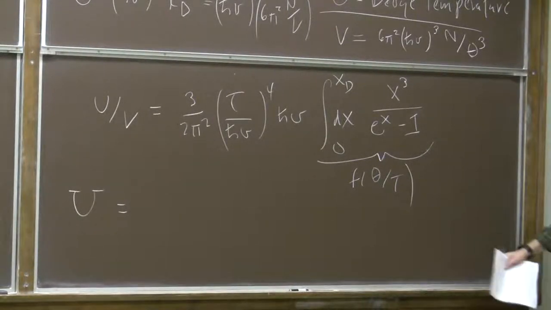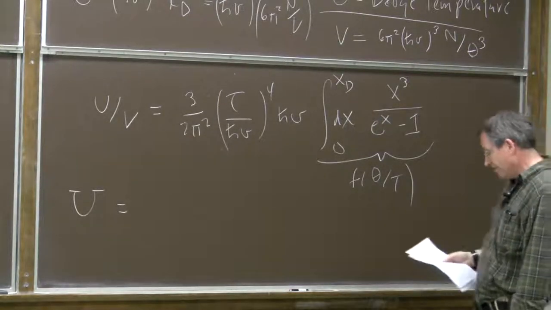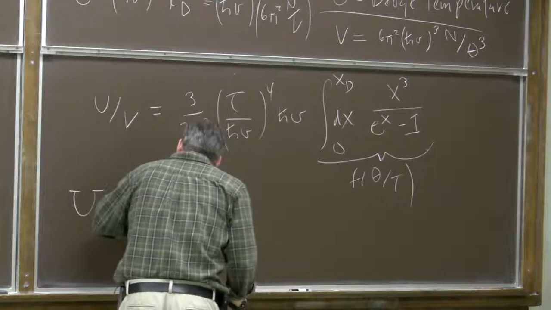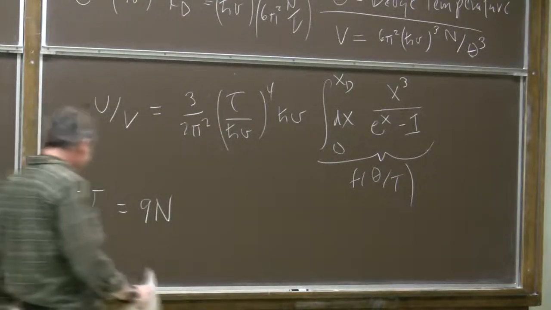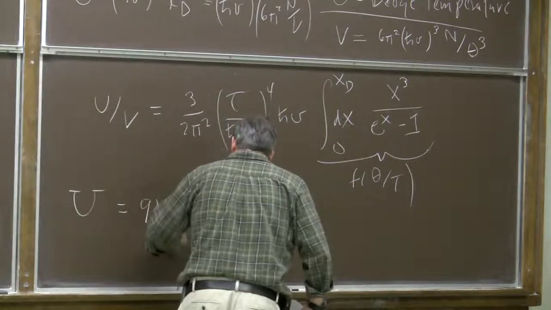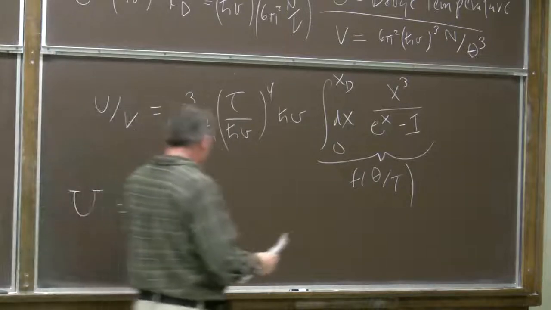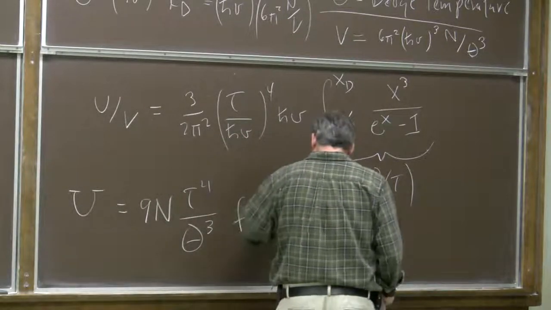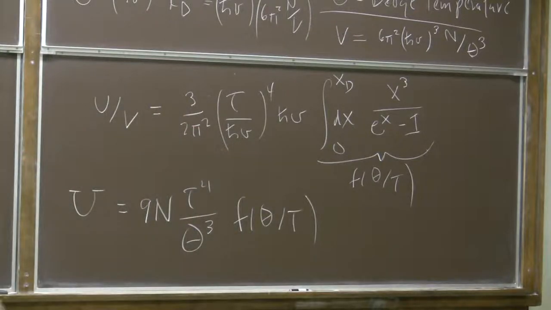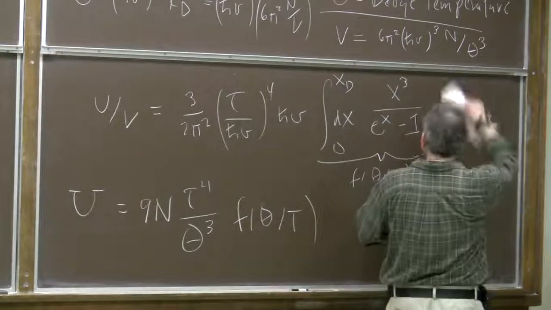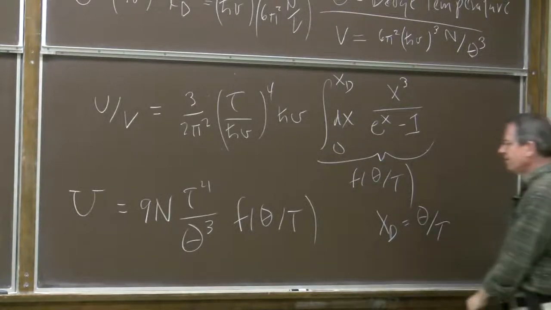The pi squareds go away, and I get 9 from the 6 times 3 halves. So I can just write this as 9n, where n is the total number of atoms in the crystal, temperature to the 4th, divided by Debye temperature cubed, and then this function f of theta over tau given by that integral. Again, it says so up here, x Debye, the upper limit of integration, is theta over tau.